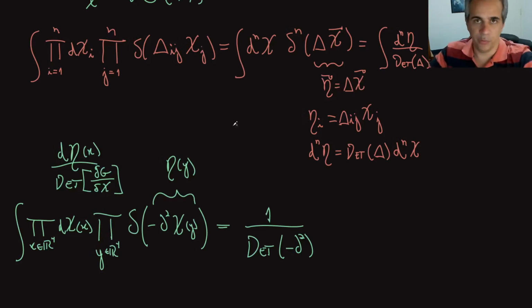Now I could just plug that identity inside the path integral, and I know now that will gauge fix my path integral, right? But in order to actually integrate and see the propagator, I want to take another step.